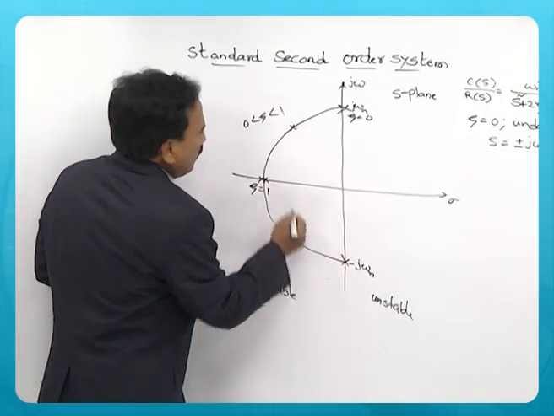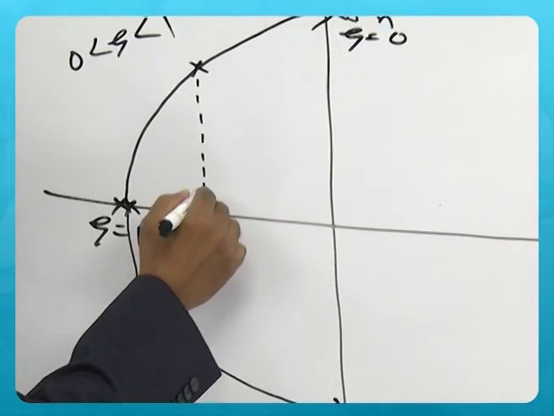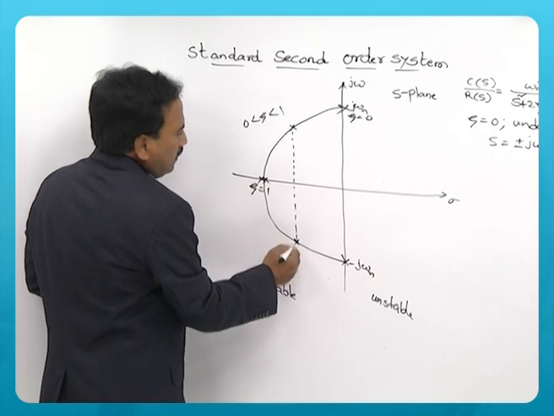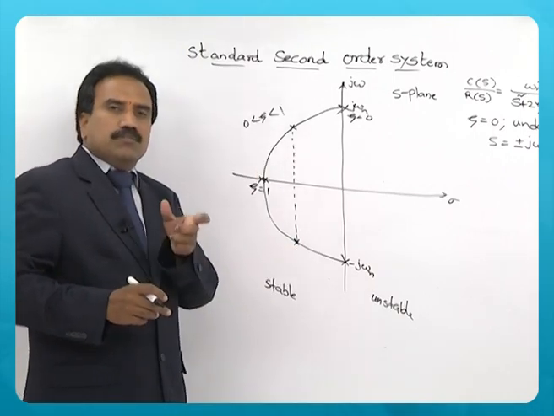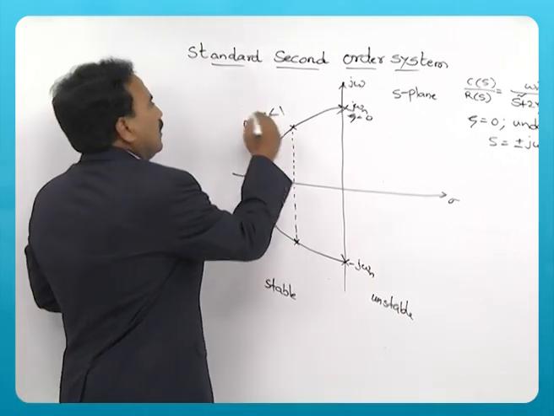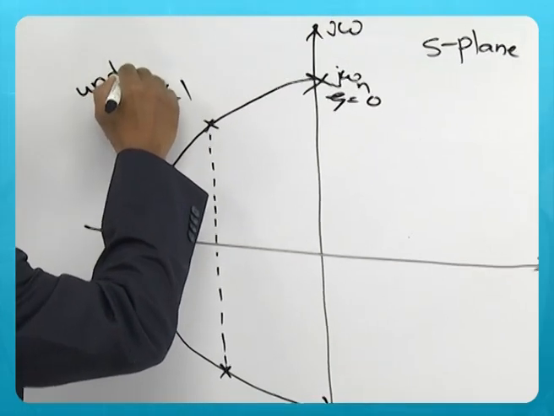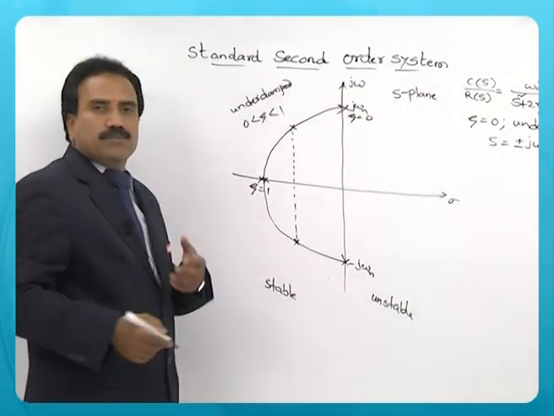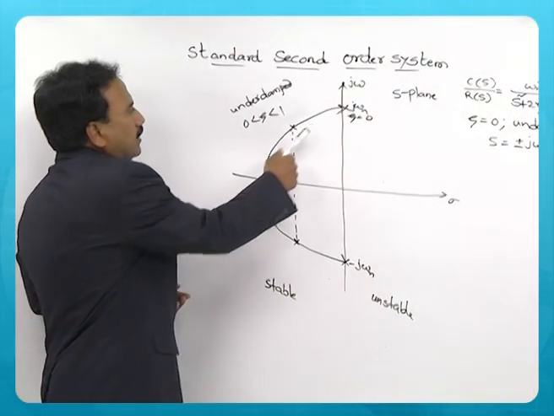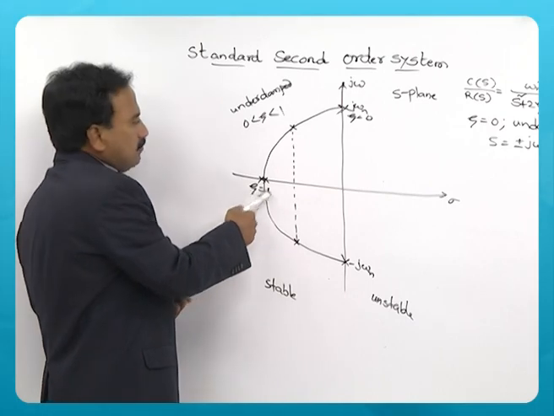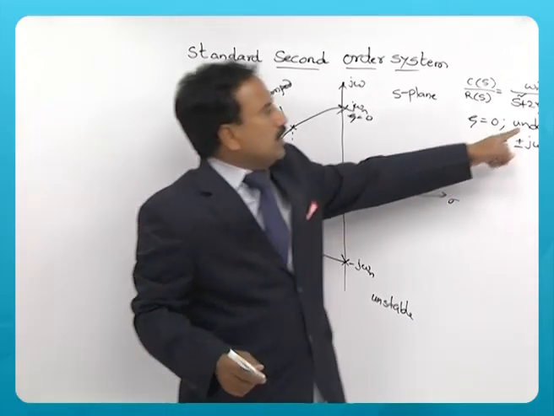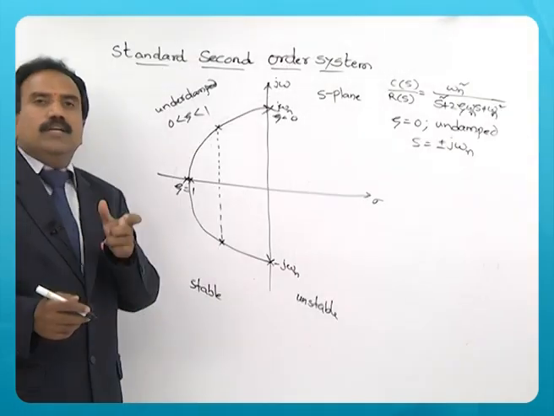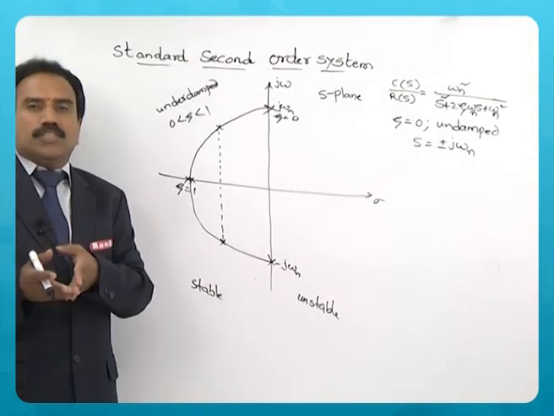Similarly, this pole comes here and the value of zeta is between 0 and 1. This is called an underdamped system. Underdamped means damping is introduced. As you increase zeta further, when it is equal to 1, here both the roots have only a real part, no imaginary part.